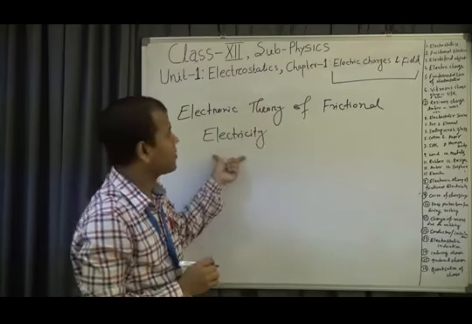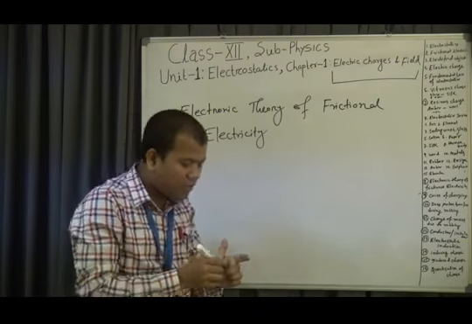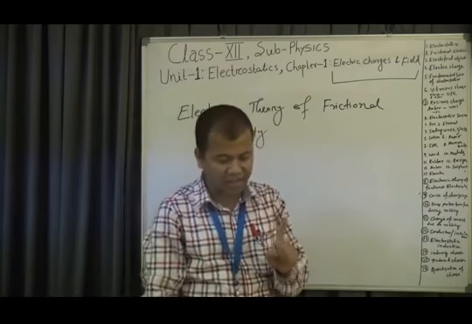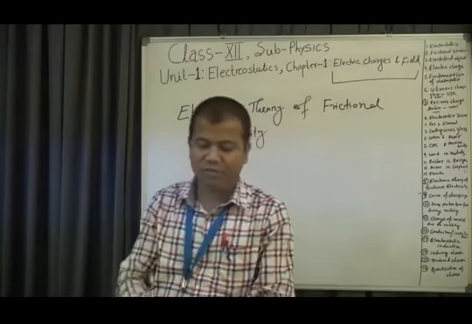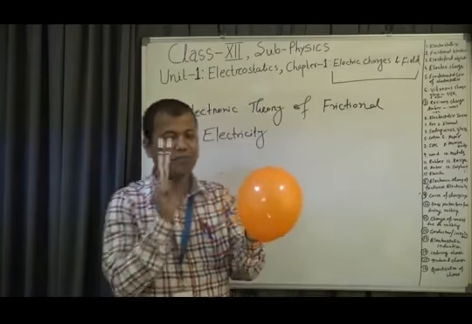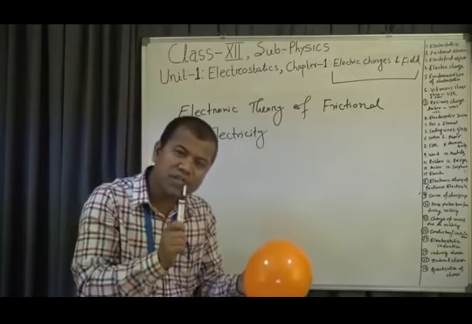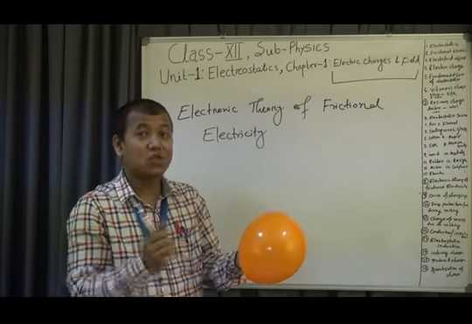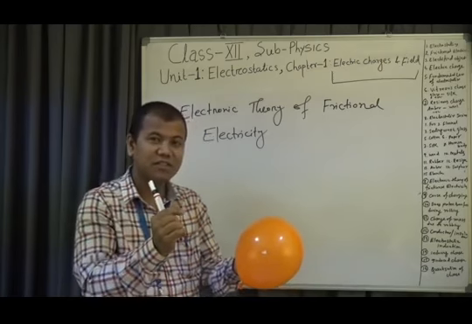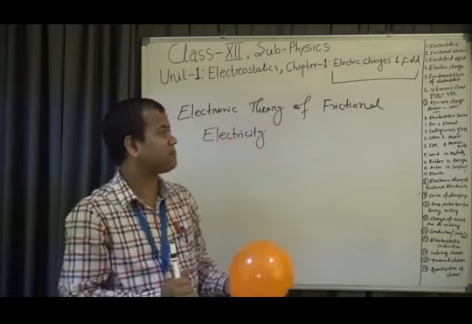Very interesting phenomenon. Whenever you rub one object with another, suppose this object is rubbed with a balloon, then one object will lose electrons and those electrons will be acquired by another object.